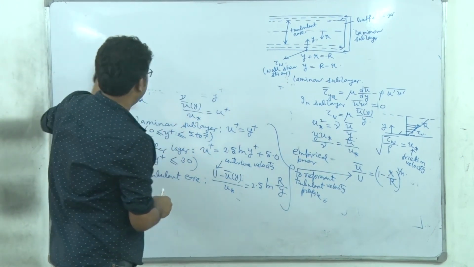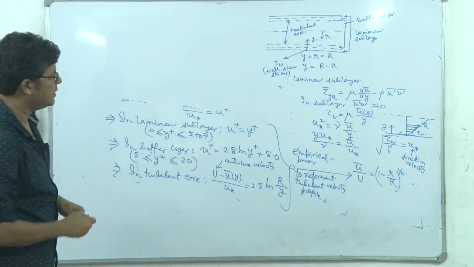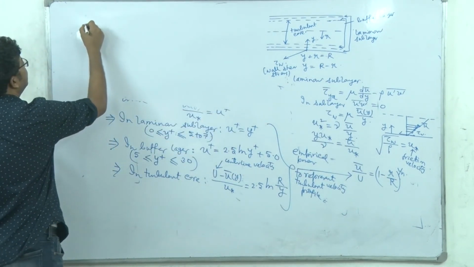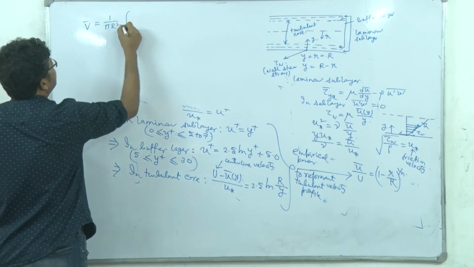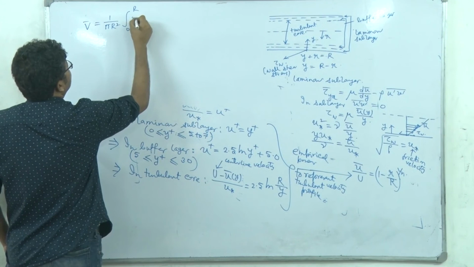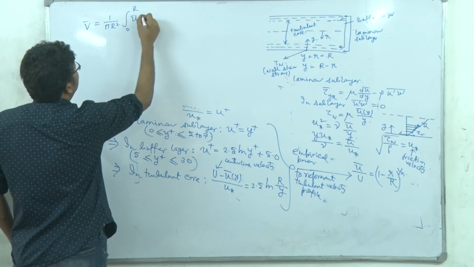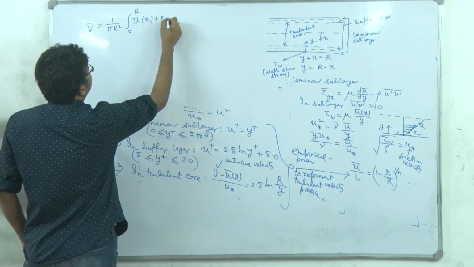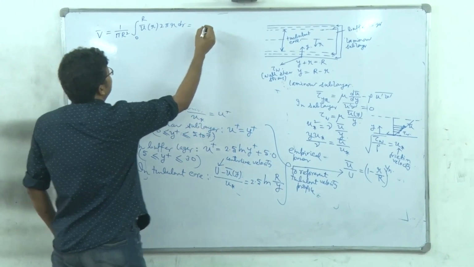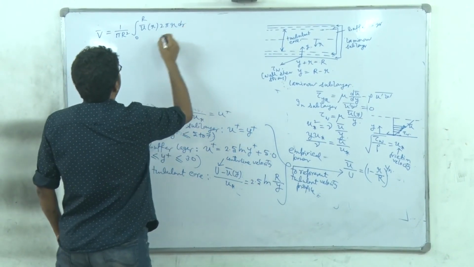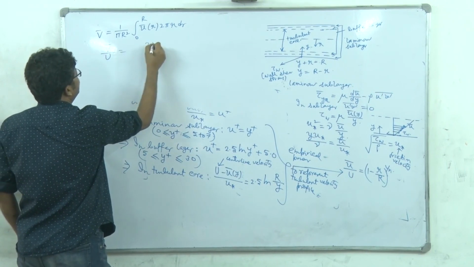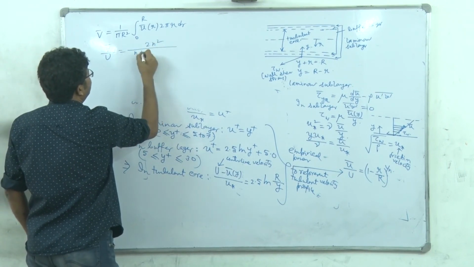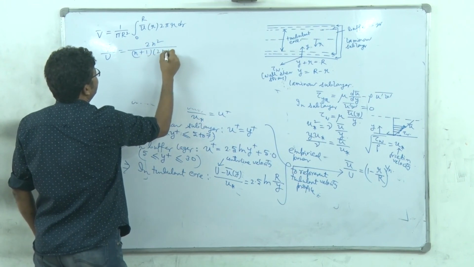Just like we can solve for the average velocity, using V bar is equal to 1 divided by pi R square, integral 0 to R of U bar times 2 pi r dr. We can solve that and we will get V bar divided by U is equal to 2n square divided by (n plus 1) into (2n plus 1).